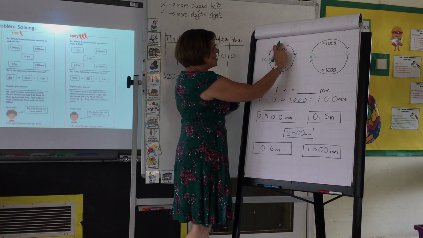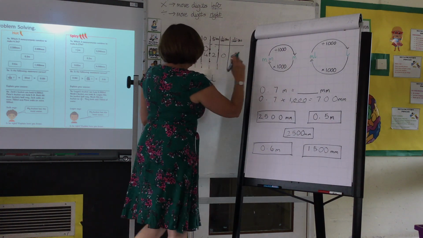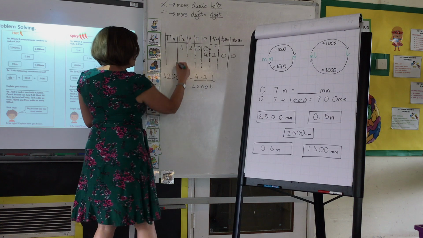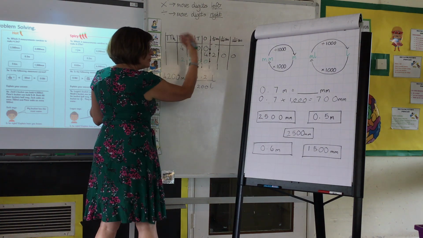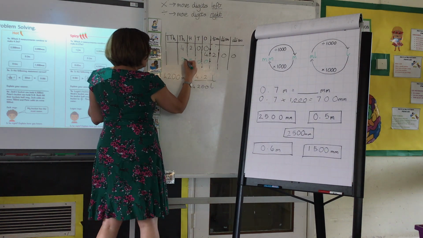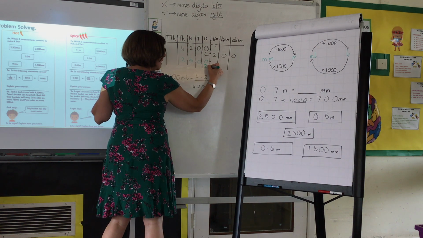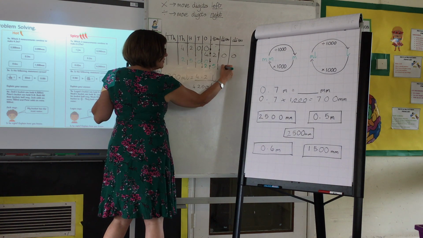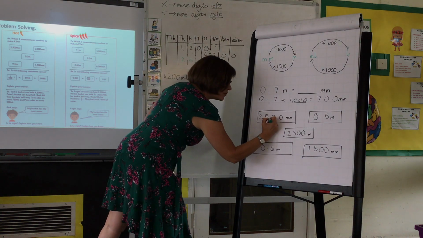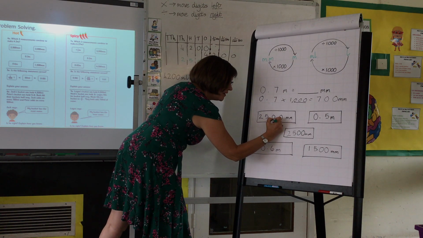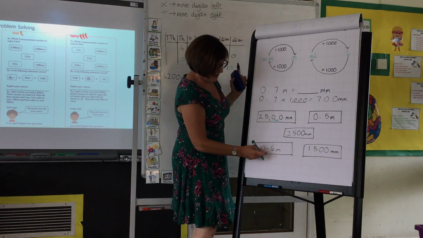So we want to convert millimetres into metres. Millimetres into metres, we are dividing by 1,000. So if we were to divide 2,500, I'll use a different colour, 2,500, we need to move 3 places to the right. 1, 2, 3. And as I said yesterday, these zeros don't really matter. So that would convert to 2.5 metres. Okay, so then it's easier to compare.